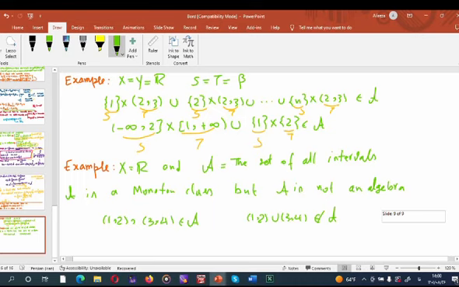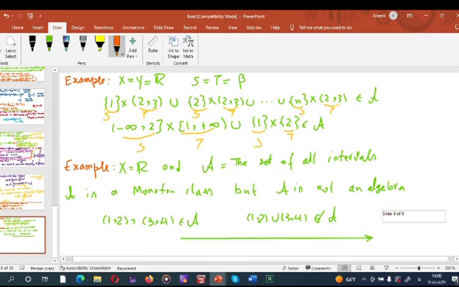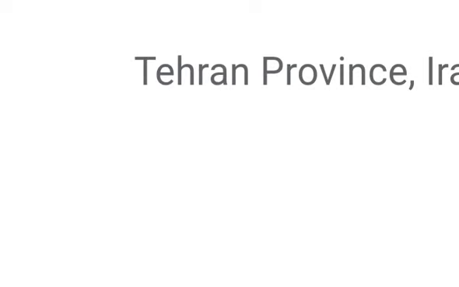For example, (1,2) and (3,4). The union of these two is not an interval.